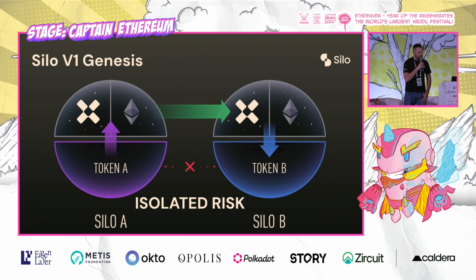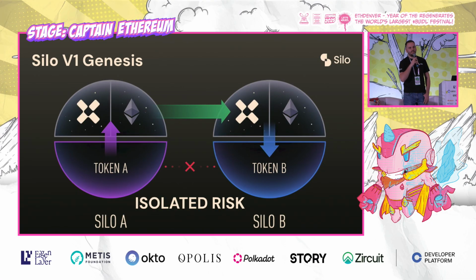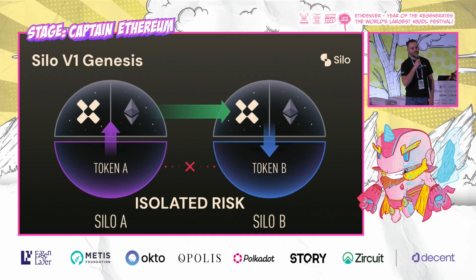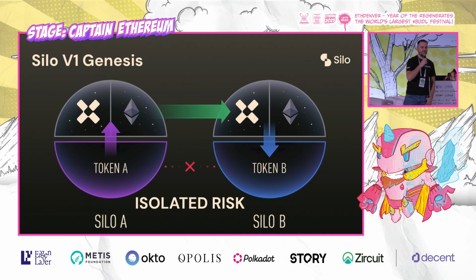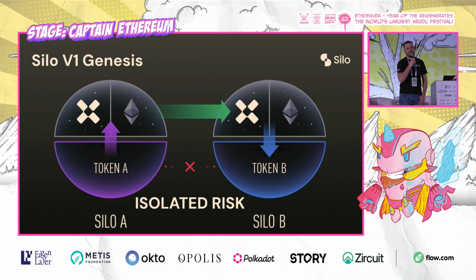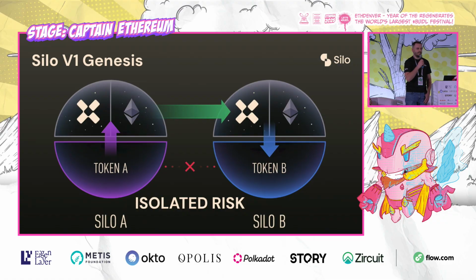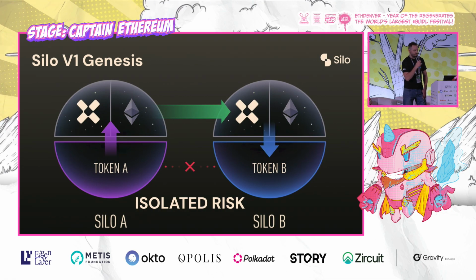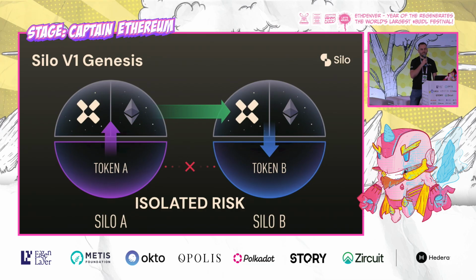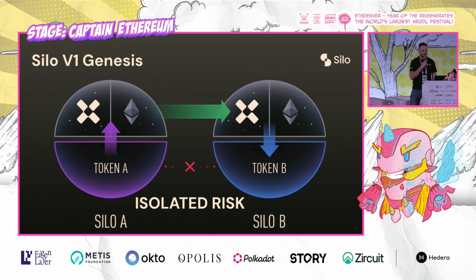That demand was met with forks of Compound or Aave, and obviously they're not designed for risk assets. What actually happened was a lot of hacks, and the single asset introduced to a shared pool design like Compound just spoils the whole bunch and everyone loses money.